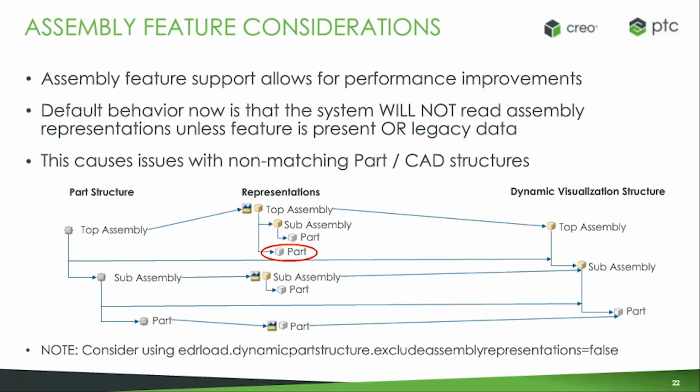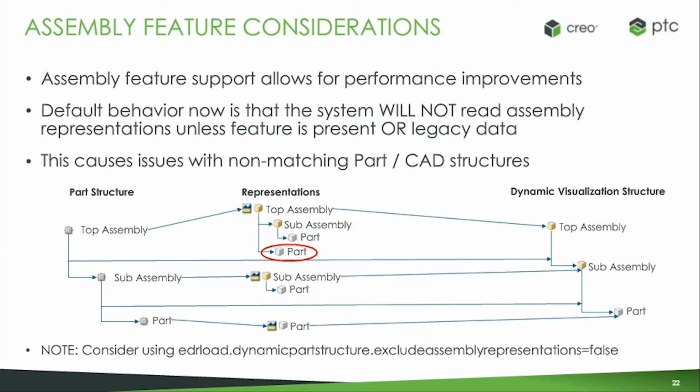So in this case, I may have this extra part in my top assembly that doesn't show up in my CAD or in my part structure, and because it doesn't have an assembly feature, it's never going to read this representation in order to find this extra part. If you have situations where you have extra CAD models that aren't in your part structure, you may need to take a look at that WVS property we talked about earlier to tell it to still interrogate the assembly representations.